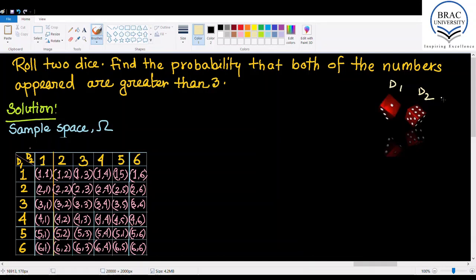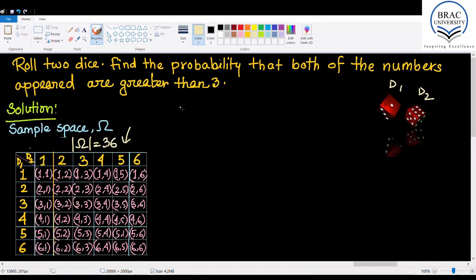Okay, so we have solved a similar problem before. That is why we have made this sample space chart where all of the possible results are plotted. You see there are 36 cells here, 1 1, 1 2, 1 3, 1 4. All of them are the possible results. So our sample space is here and the modulus of sample space is 36.